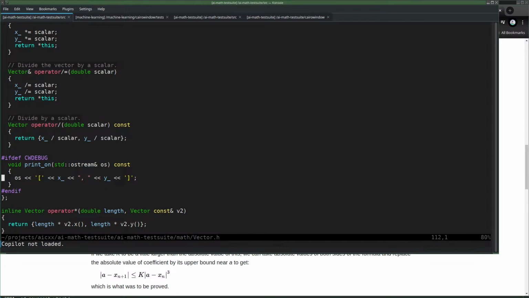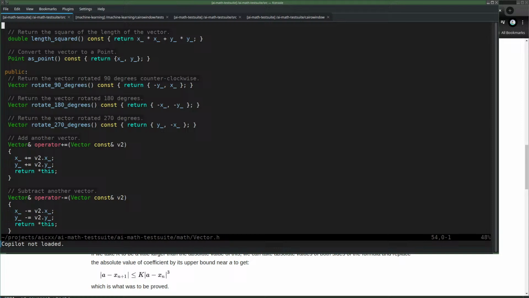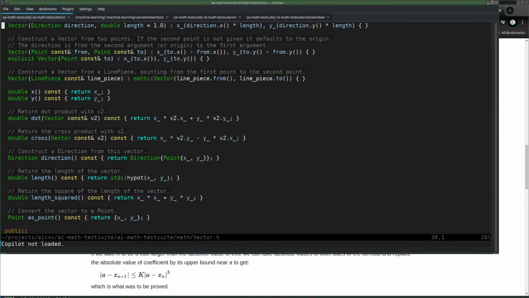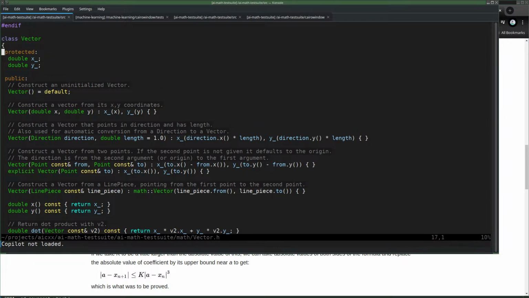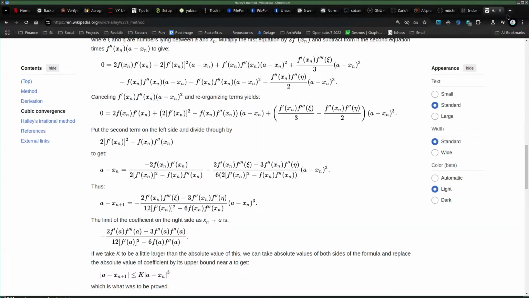Let's add a function to this vector to check if both coordinates are normal, I think. No, normal, not 0 is not normal, so that would not work. Finite, maybe. I think standard is finite is what I want here. I'm not super sure though.